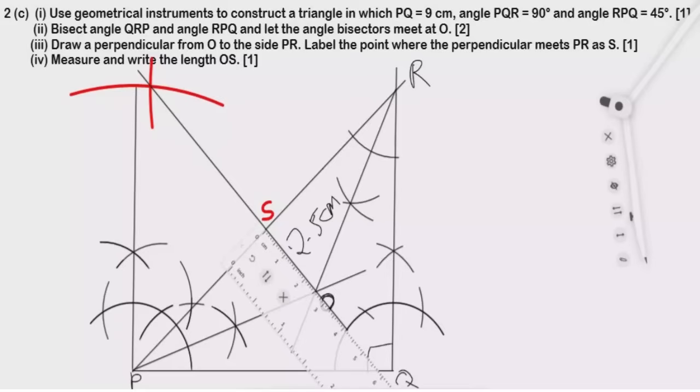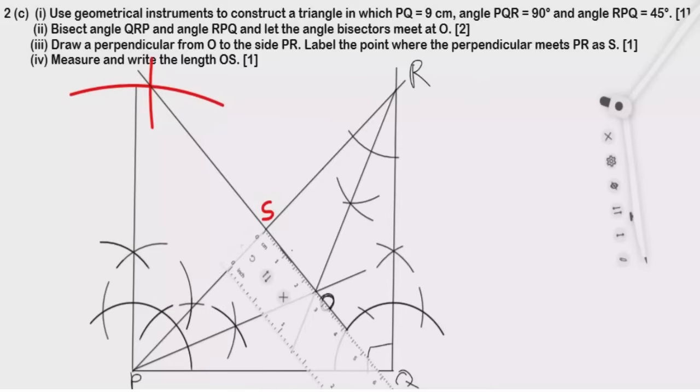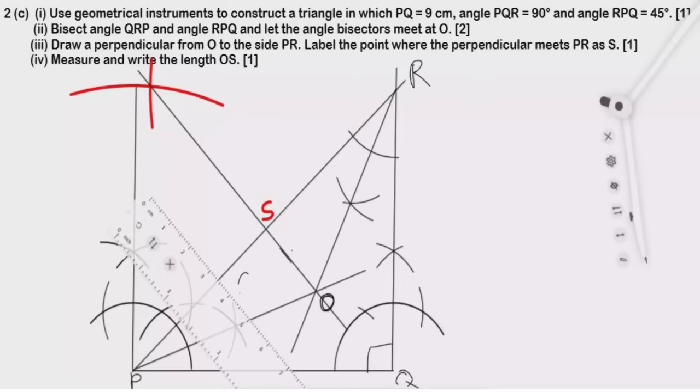If you are able to write small numbers, you can go ahead and write that, but what you have measured is 2.5 centimeter.